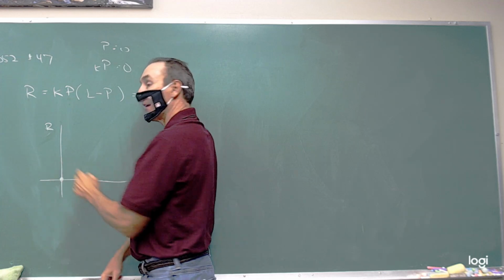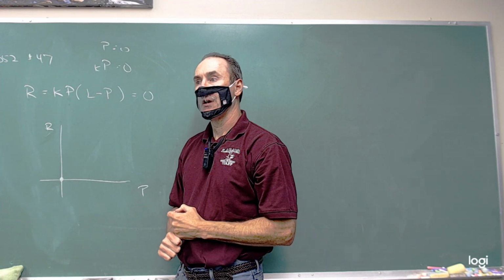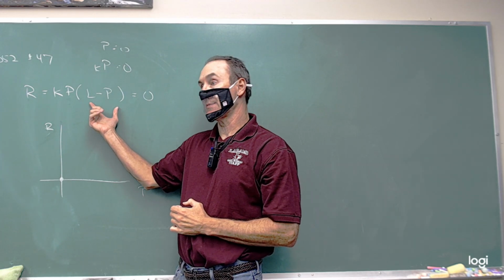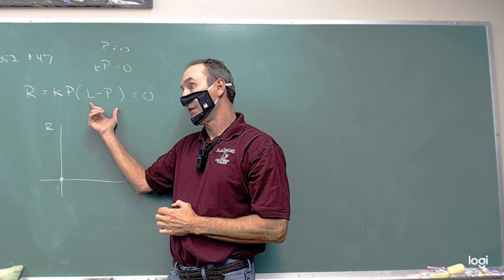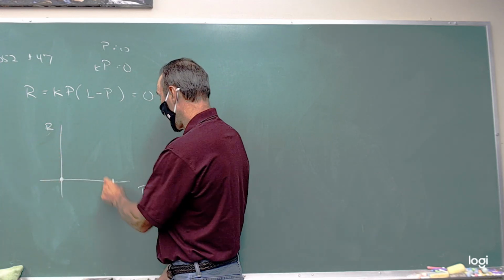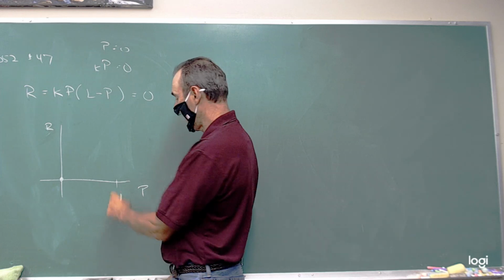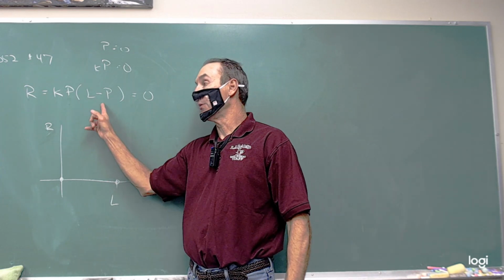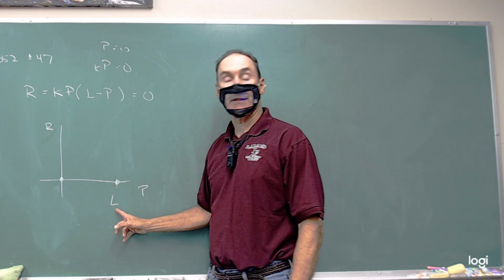So we're going to get a P-intercept of 0. And likewise, this L minus P could be 0, in which case P could equal L, whatever L is, I don't know. So we have a parabola that's going to open down and has these as x-intercepts.